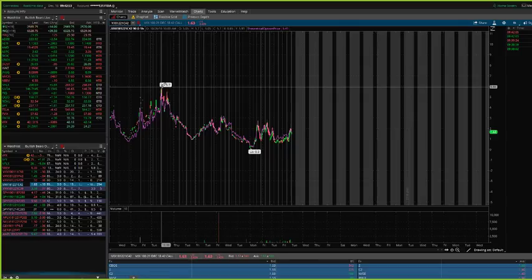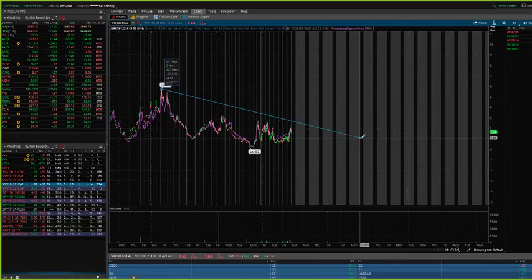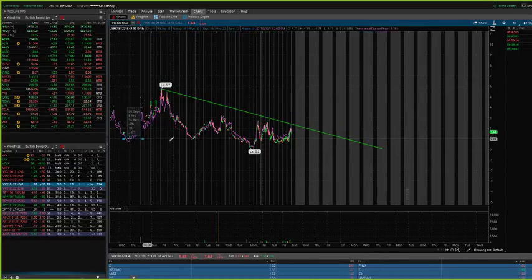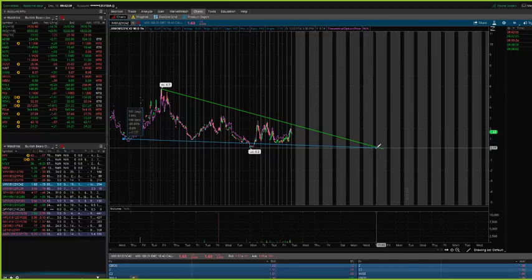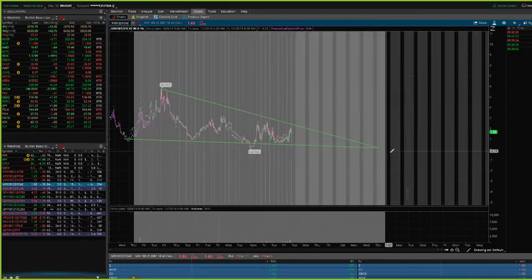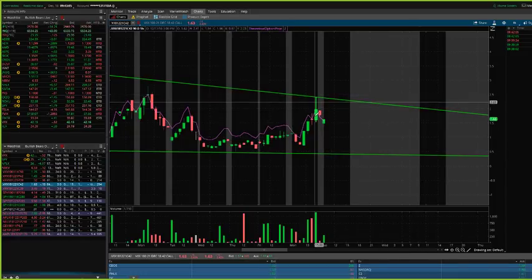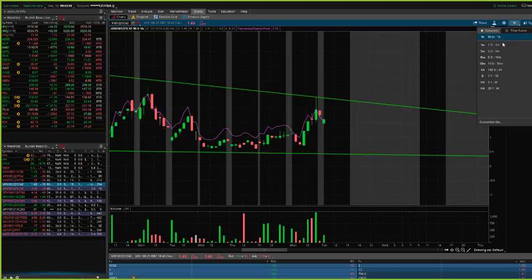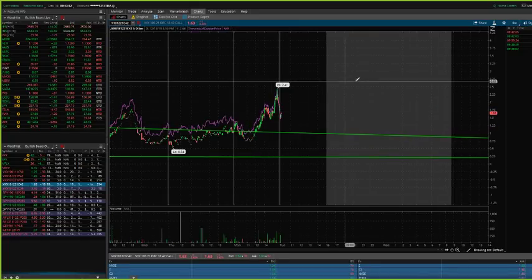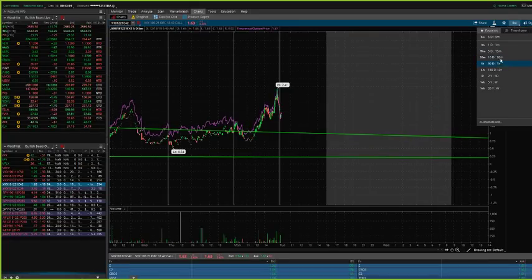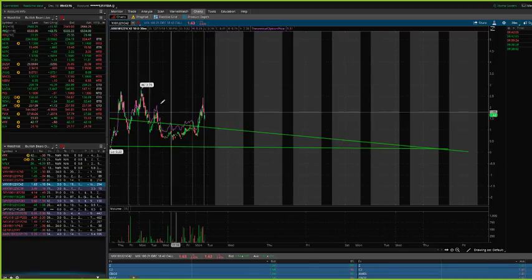So this is a call and put chart of VXX. And you can see right here we've got this kind of sloping descending triangle, right? Hourly is already tested this area, pulled back. And we want to look at the next kind of pattern for this.